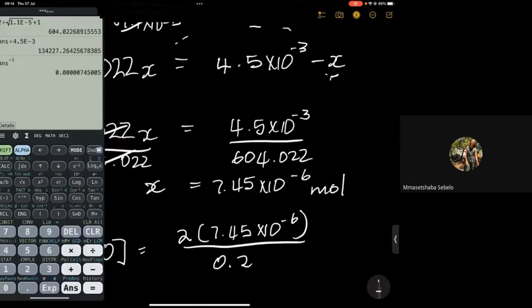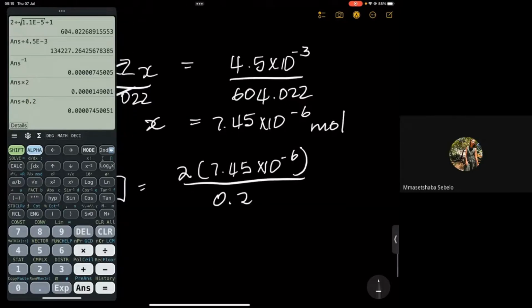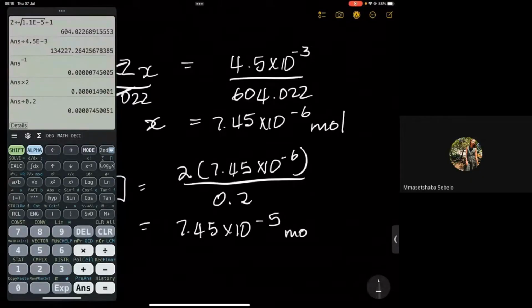Let's do that quickly. That value is multiplied by 2 and divided by 0.2, so we get 7.45 times 10 to the minus 5 moles.